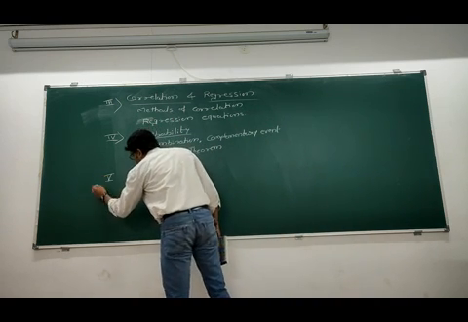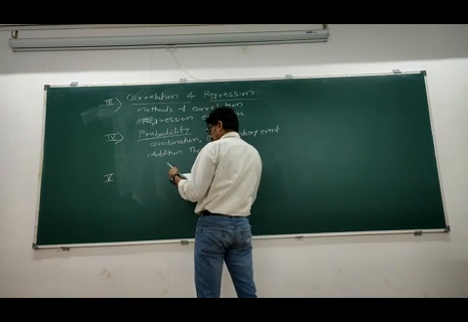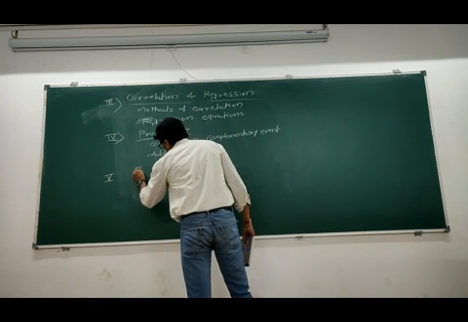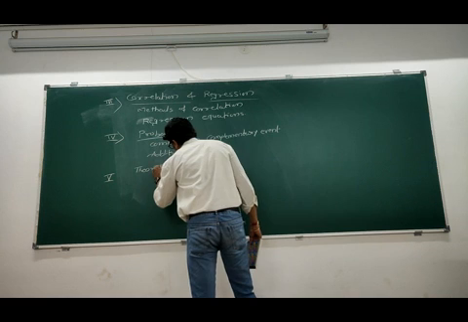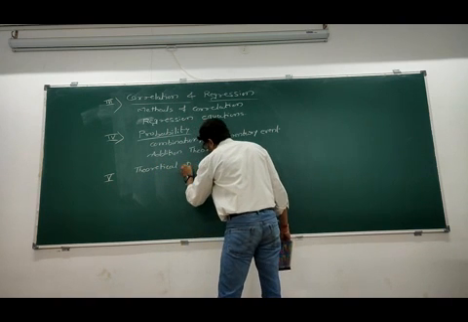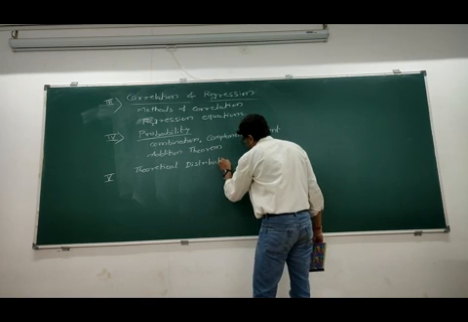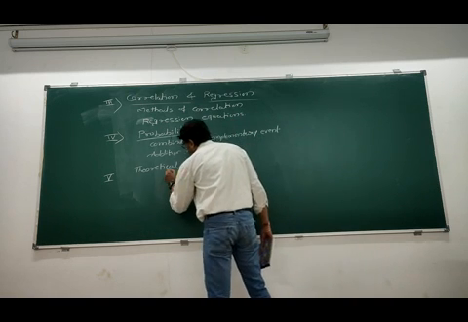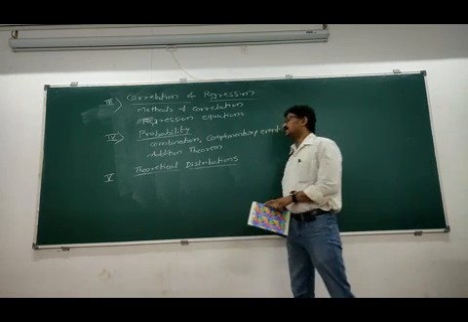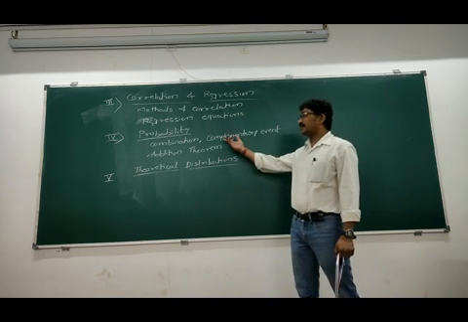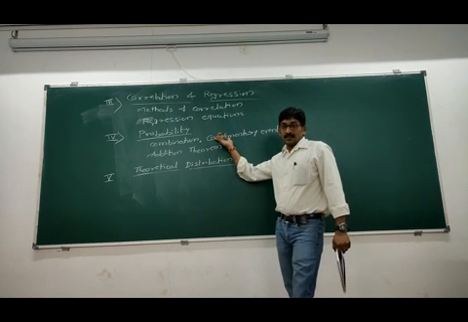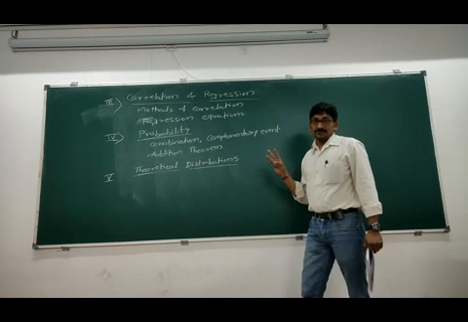And the last module, that is the fifth one, is theoretical distributions. Under this, the theoretical distribution is again related to probability. There are three types of distribution.